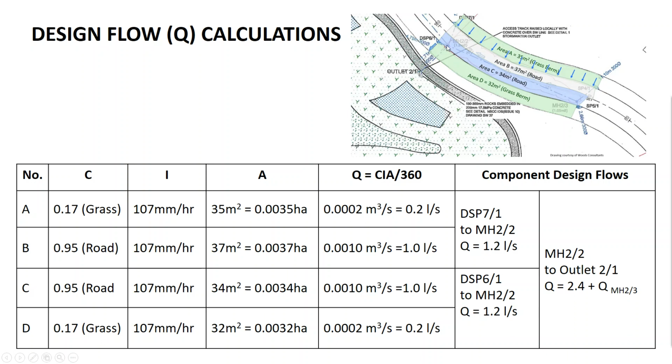That is what you would use to determine the size of this pipe. We're going to look at the design of the pipes in later videos, but in this one, hopefully you now know how to figure out what the design flow is going to be for each of the components that you're designing.